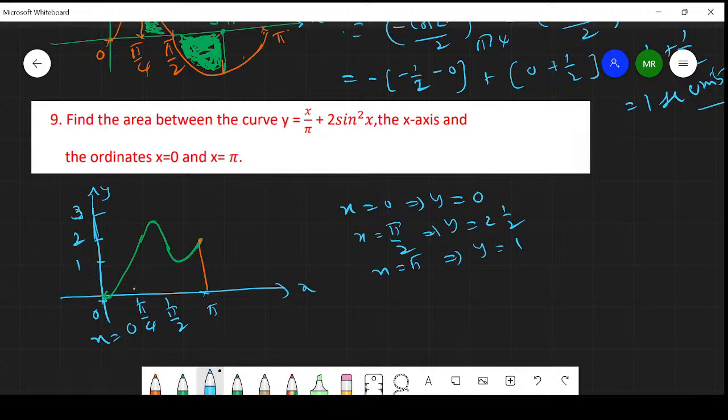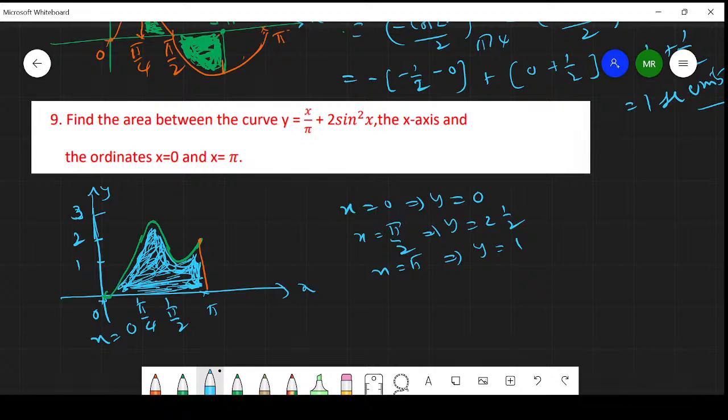This is the required area, the shaded part, completely. This is the required area between 0 to pi.